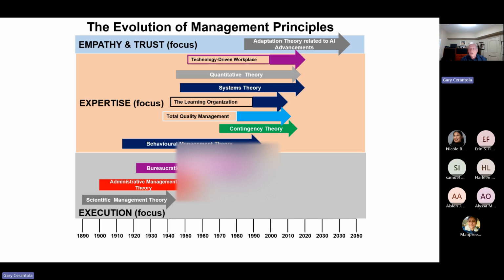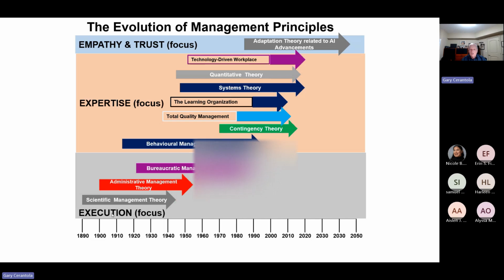Okay, so here's the timeline. It starts way back in 1890 and goes through the Industrial Revolution. You can see that as things progressed, there were different requirements for different types of management principles, and as a result, the management principles turned into different tools.